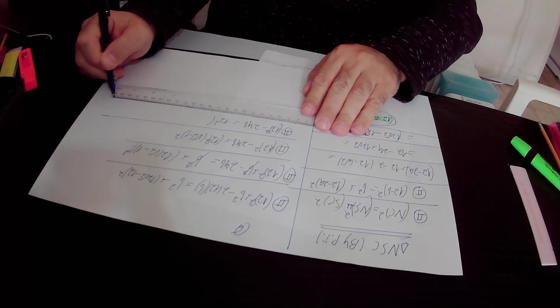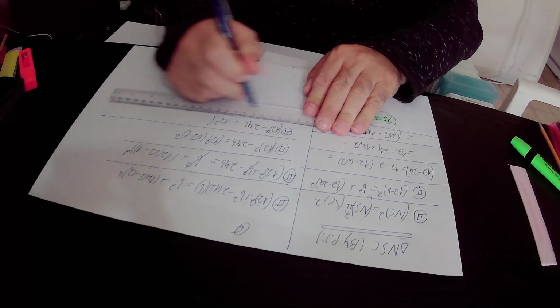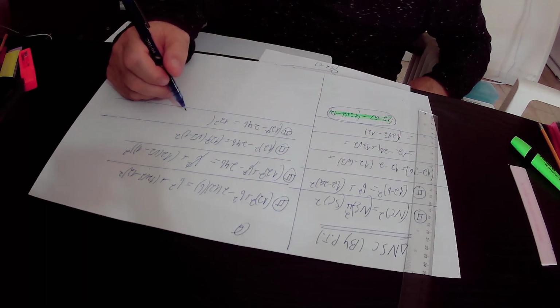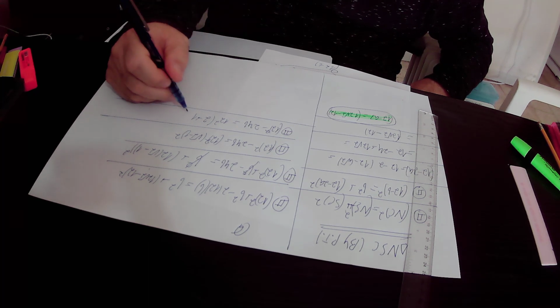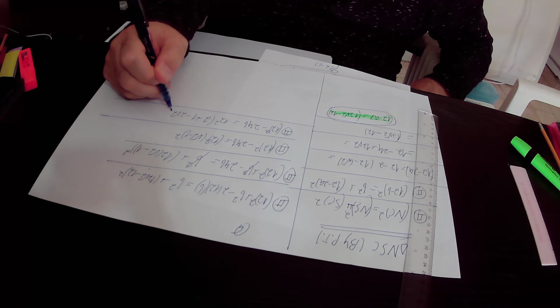So what is the value of (square root of 2 minus 1) squared? It is square root of 2 squared, that is 2, plus 1 squared, that is 1, minus 2 times square root of 2 times 1.